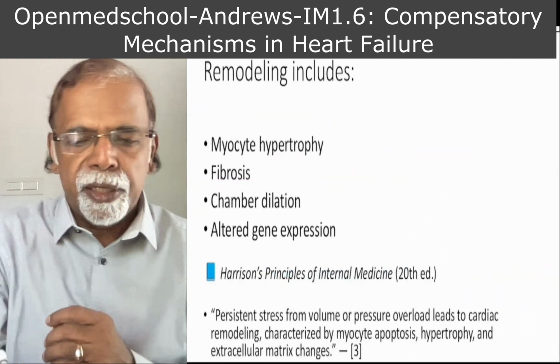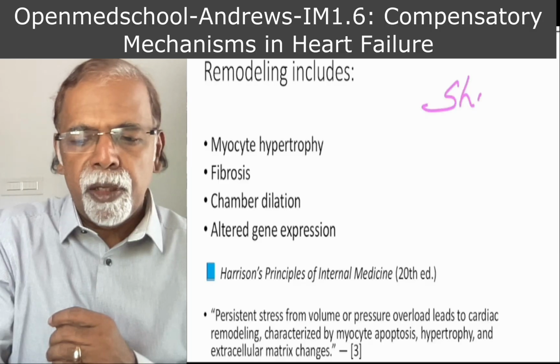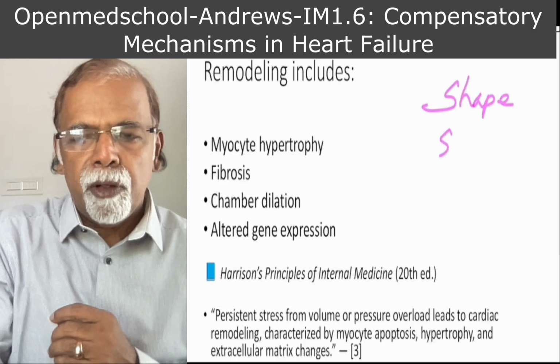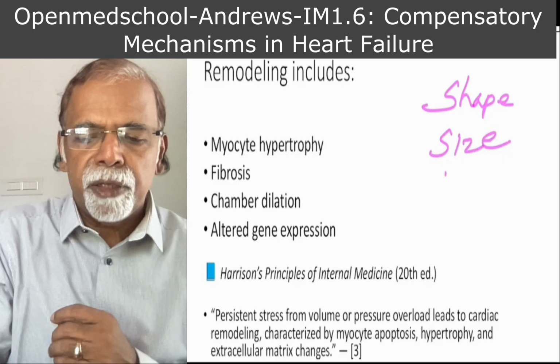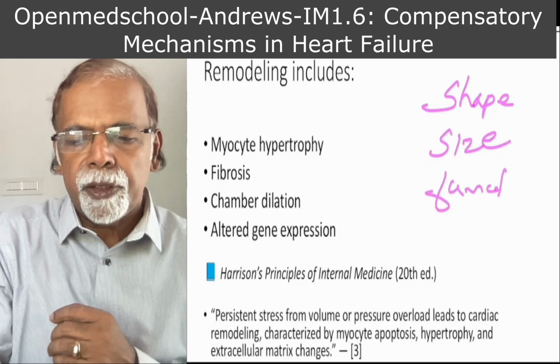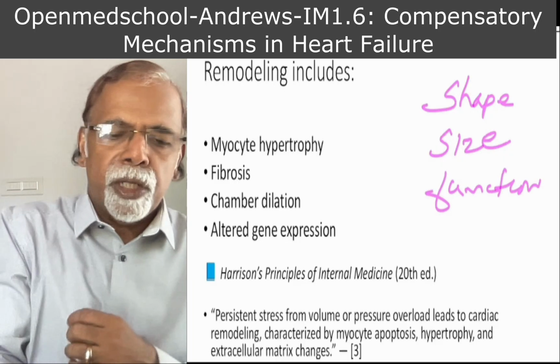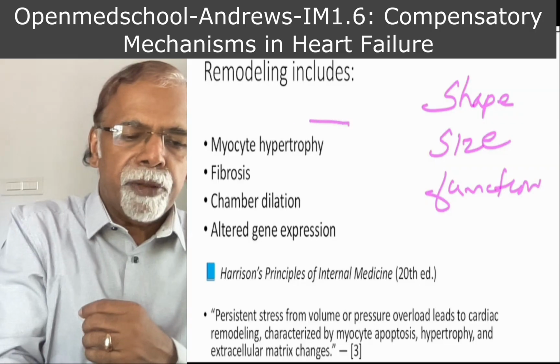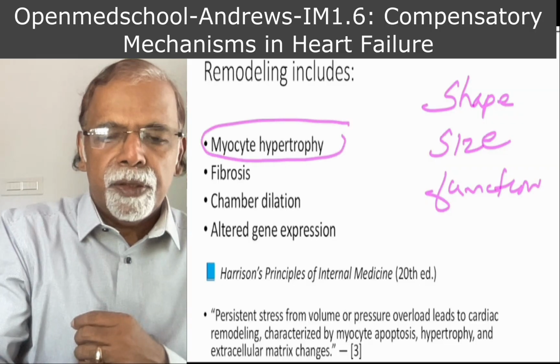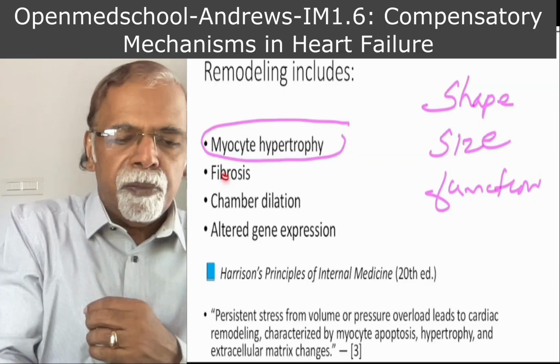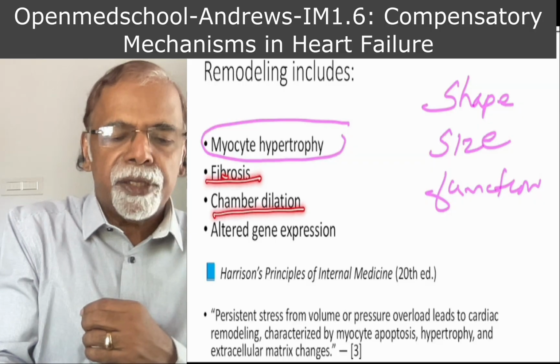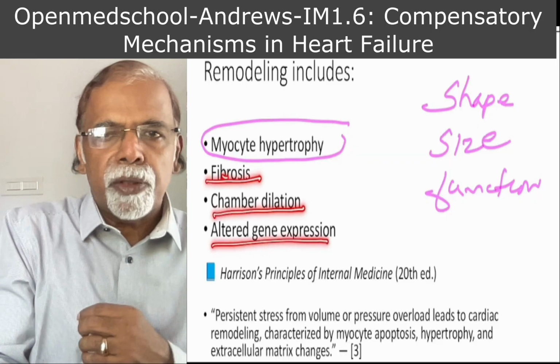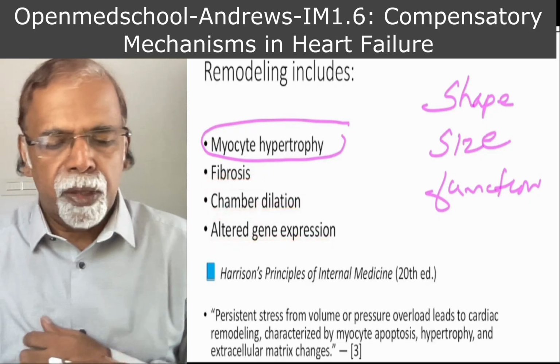Now we have mentioned that the shape becomes abnormal, the size becomes abnormal, and also the function becomes abnormal in remodeling. So one change is the myocyte hypertrophy. Second, fibrosis can occur, then chamber dilation, and finally there can be altered gene expression.